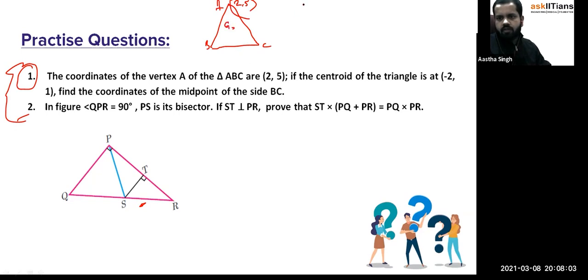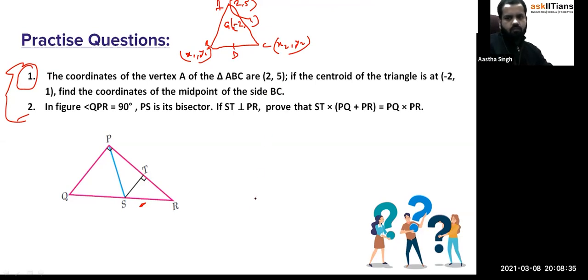The G point is minus 2, 1. Let's say the B point is x1, y1 and the C point is x2, y2. You have to find the coordinates of this point D, the midpoint.